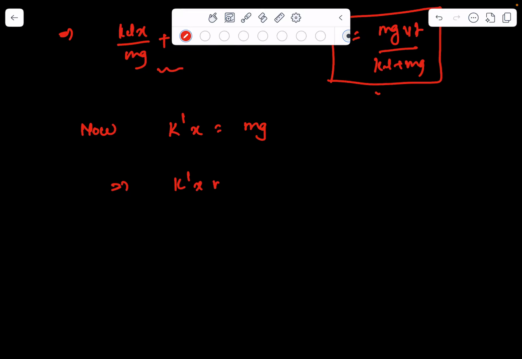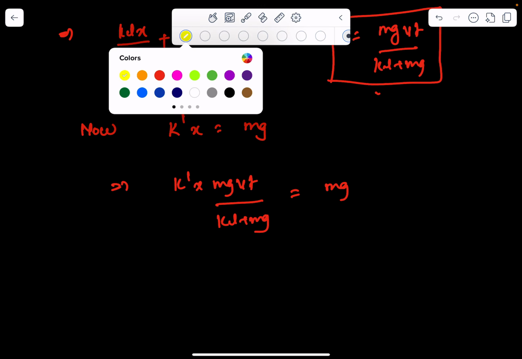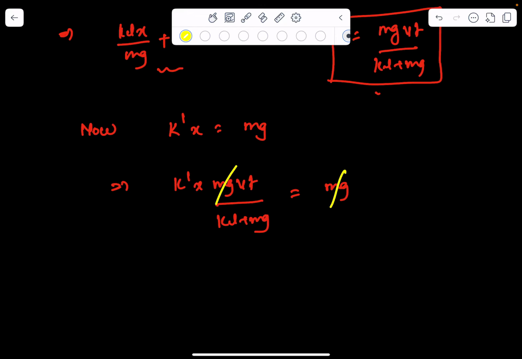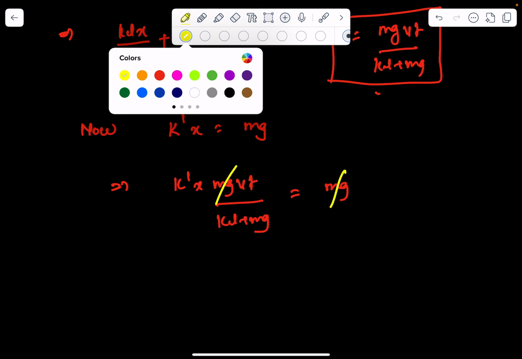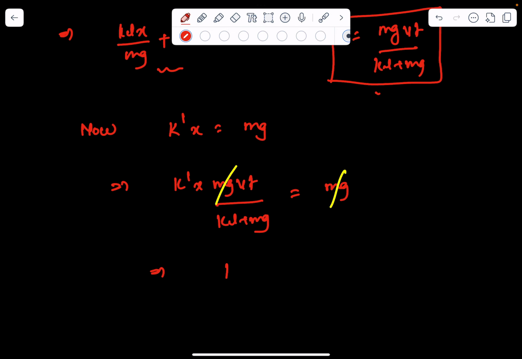So K dash into mgVt divided by KL plus mg is equal to mg. Cancelling mg and mg, we get K dash equal to KL plus mg divided by Vt.